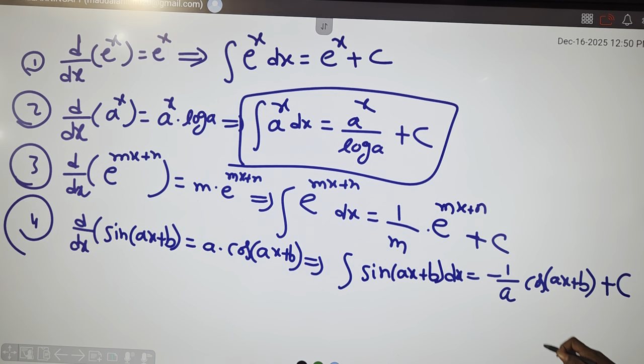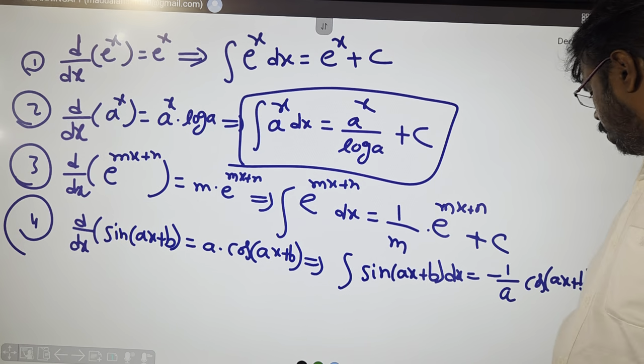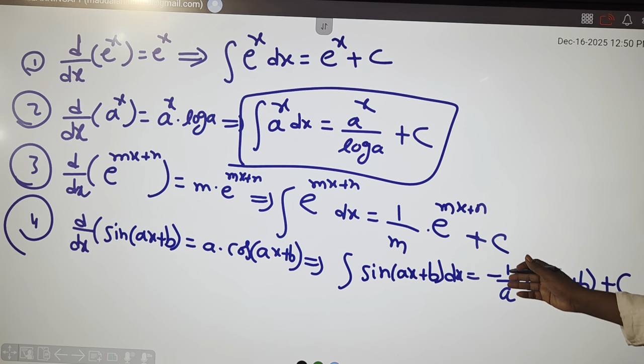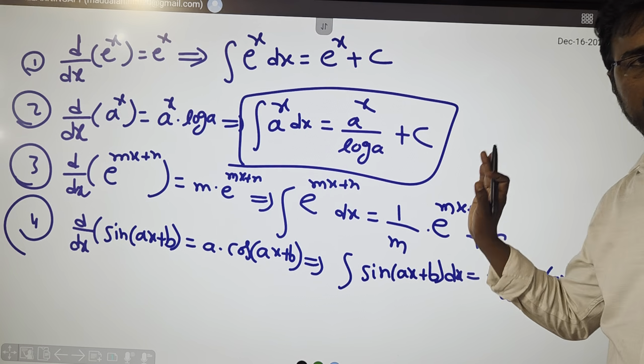So in the denominator we will get 1 by a, the multiplying factor. Integration of sin x gives minus cos x. These are the basic formulas.